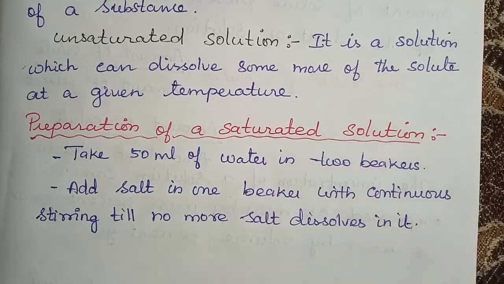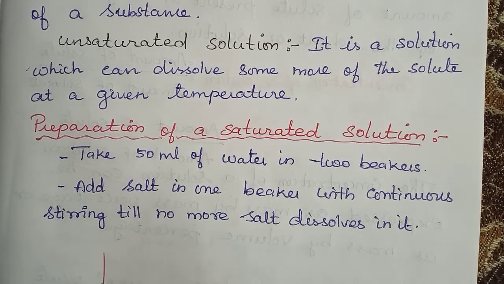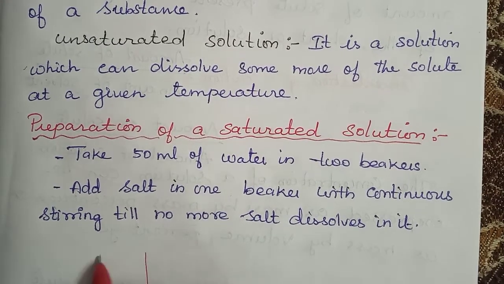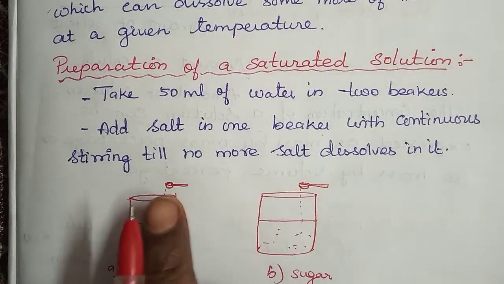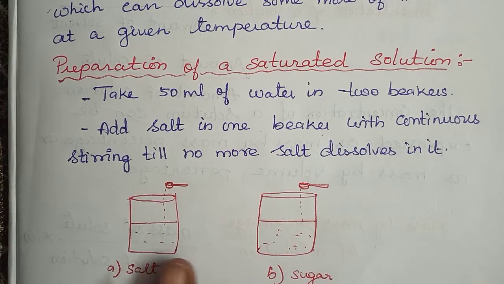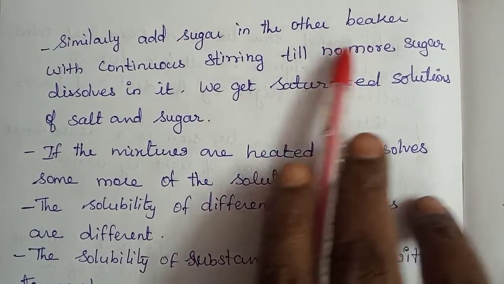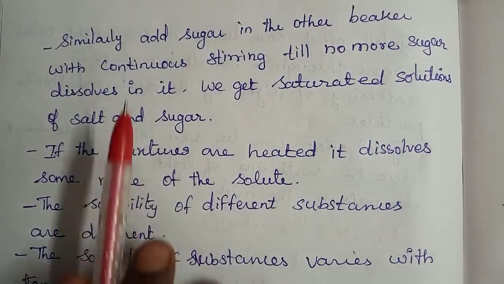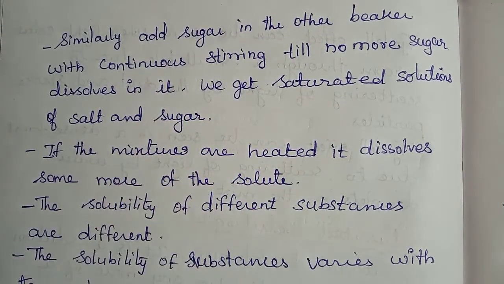Preparation of a saturated solution. Take 50 ml of water in 2 beakers. Add salt in one beaker with continuous stirring till no more salt dissolves in it. Draw this picture also. Similarly, add sugar in the other beaker with continuous stirring till no more sugar dissolves in it.